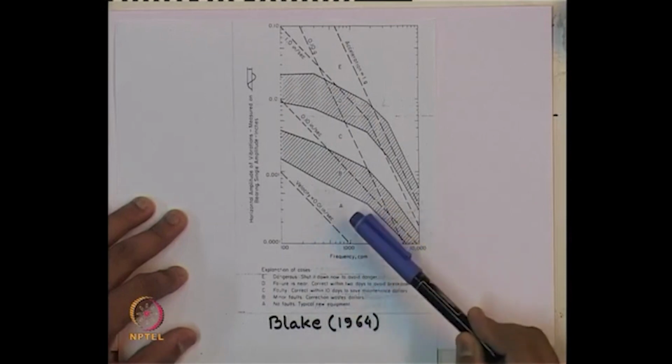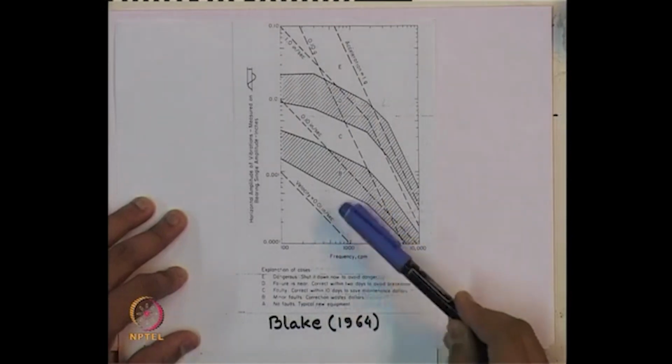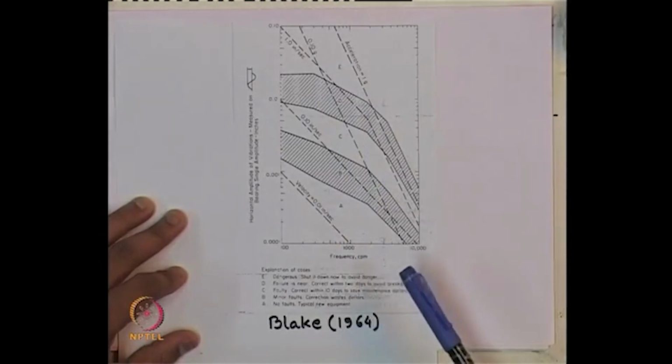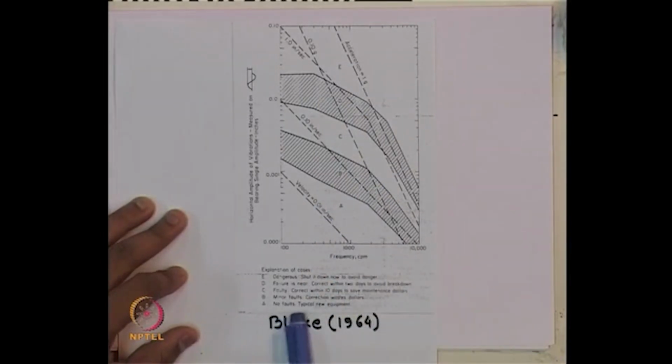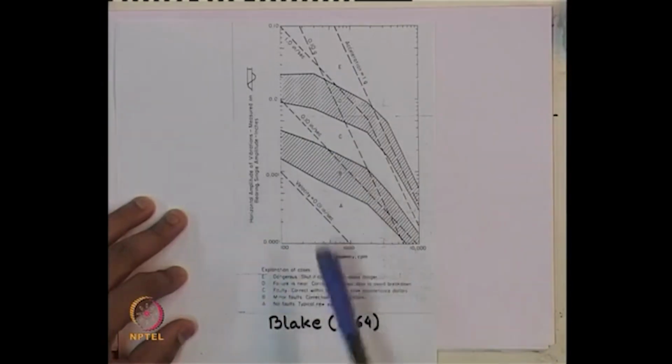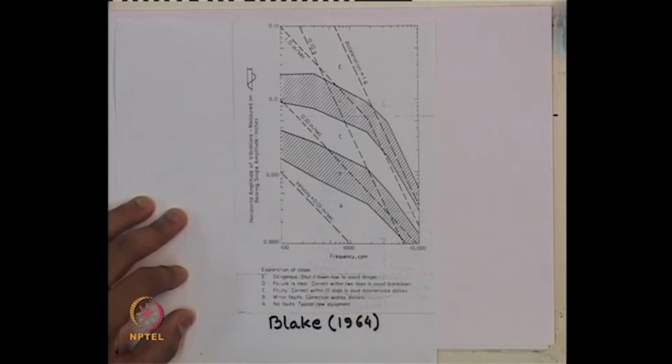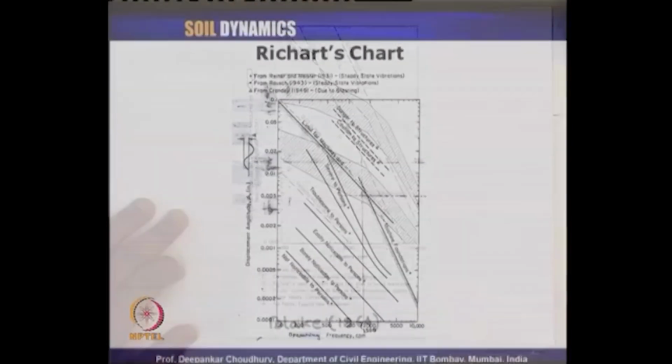Depending on that, zones have been marked as A, B, C, D or E. As you can see, A means no faults, typical new equipment. So, no danger, whereas E will be dangerous, that is the machine should be stopped immediately to avoid danger to surrounding structures and foundations. So, this is another chart which has to be used for horizontal vibration.